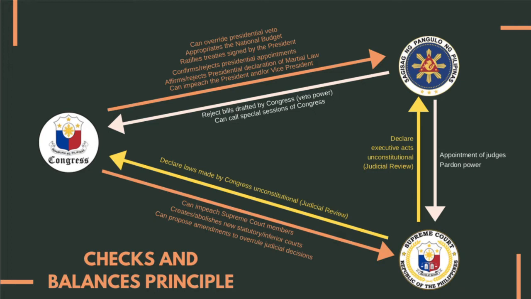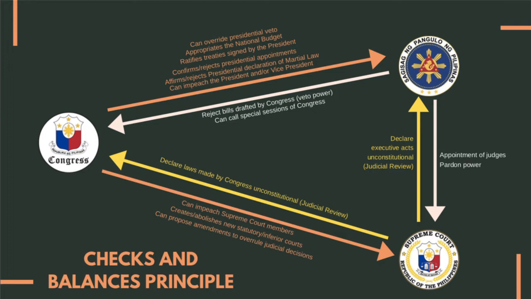So, anong meron dito? If ni-review ni Supreme Court or ng kahit anong korte, to be exact, yung ginagawa ng Congress at ginagawa ng Presidente, and if they see na hindi sumusunod sa Constitution, they can declare it as unconstitutional.